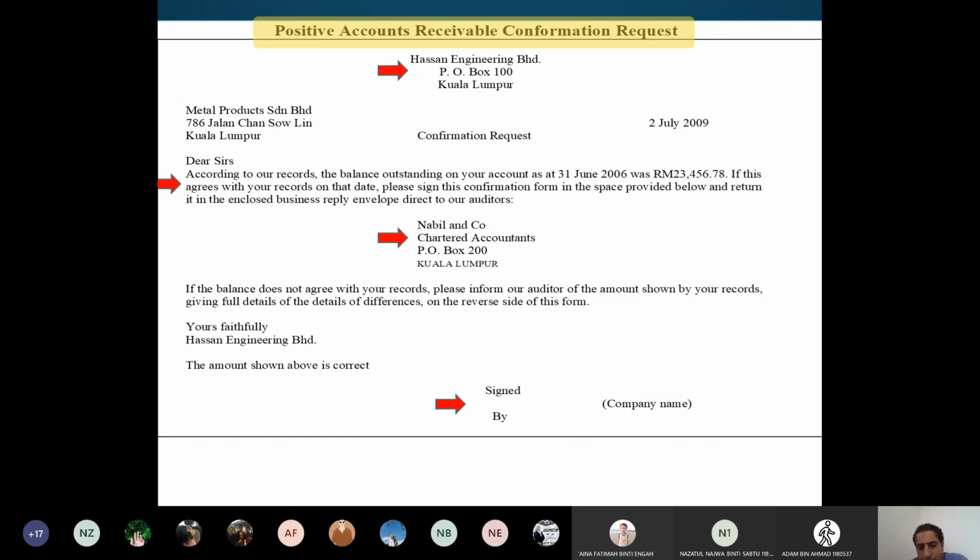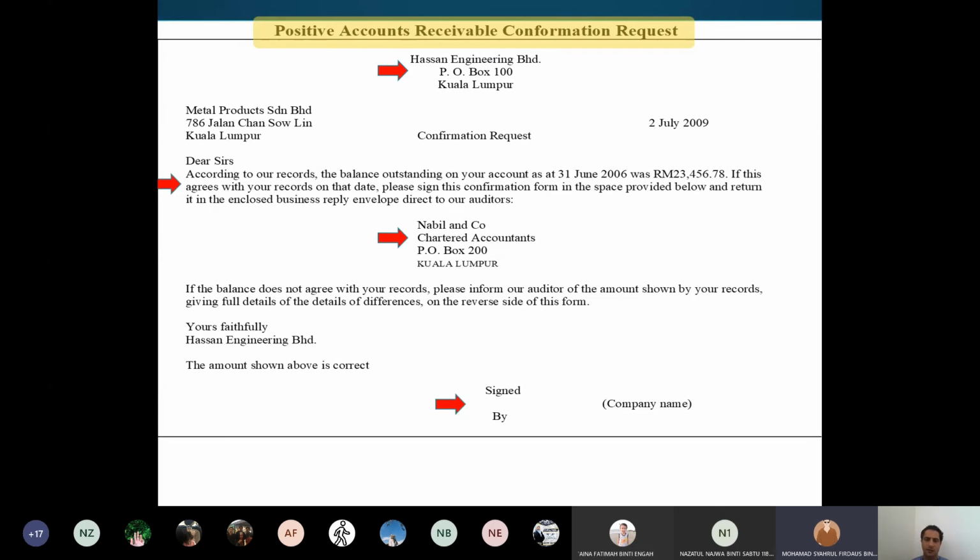Hassan Engineering Berhad. Dear sir, according to our record, the balance outstanding on your account as at 31 June 2006 was 23,456.78.